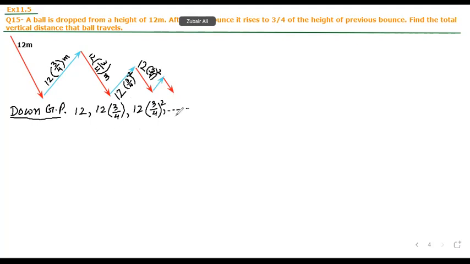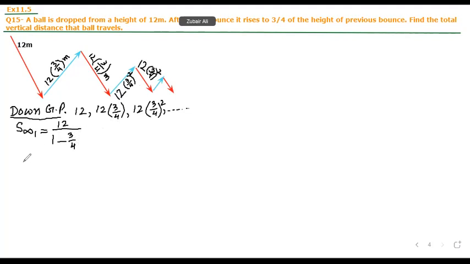We will apply the sum to infinity formula, because this is one of the series, so I am naming this sum to infinity 1. So A upon 1 minus R, where R is 3 upon 4.